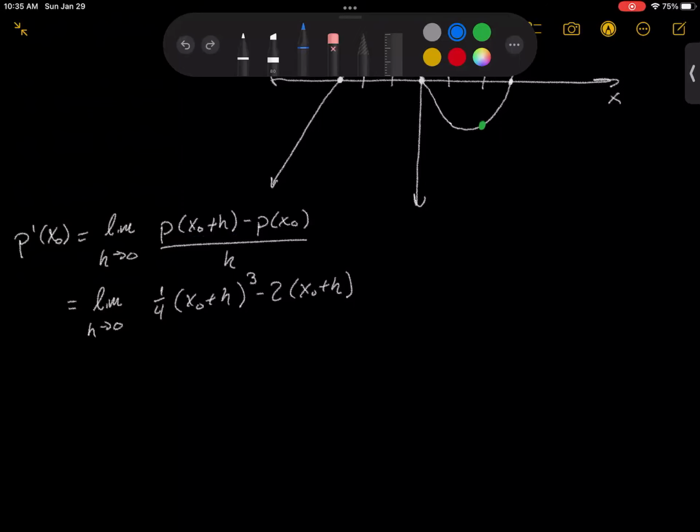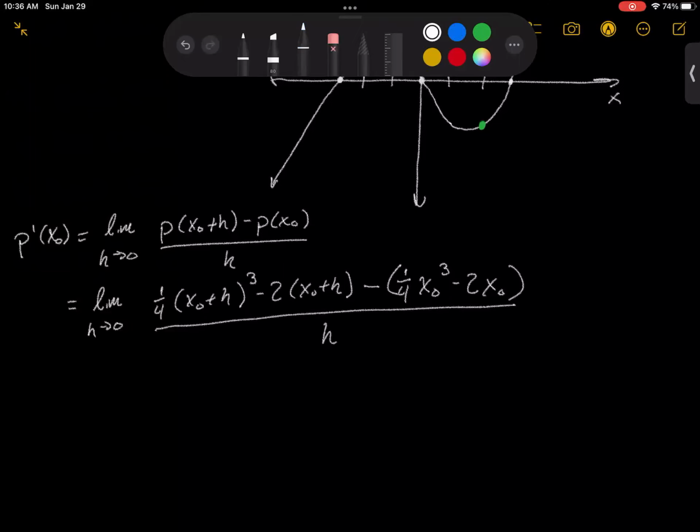I'll then subtract from this the function at x naught. So I'll subtract from this 1/4 x naught cubed minus 2 x naught. Remember, wrap that in parentheses because you want to subtract off the whole function at x naught. And we'll divide this by h.